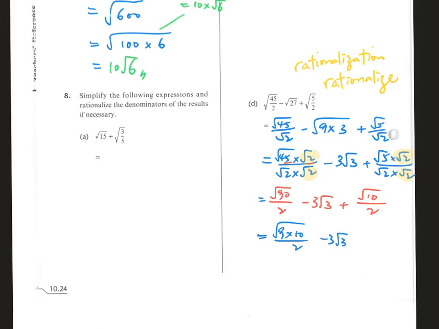Minus 3 root 3 plus root 10, can you simplify it? 10 is just 2 and 5, no square number, so that's all for root 10 over 2. Whereas 9 times 10 can be simplified as 3 root 10 over 2. So at last you will see that it can be combined with the last term: minus 3 root 3 plus root 10 over 2.